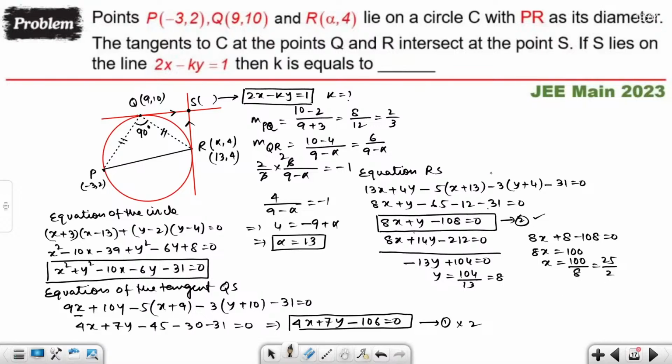Therefore, the coordinate of S is 25 over 2, 8. Now, this point is on the line 2x minus ky equals to 1. Hence, it must satisfy this. So we are getting 25 minus 8k is 1. That implies 24 is 8k. That implies k is 3.